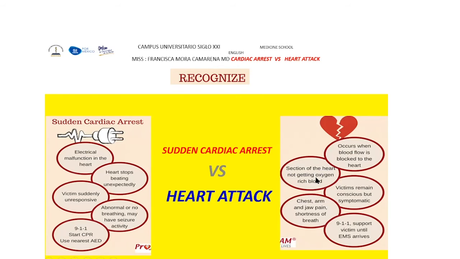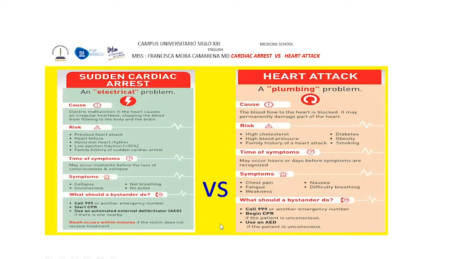The victim may remain conscious or not, but the patient will be symptomatic, like chest, arm or jaw pain, or may be having shortness of breath. In both situations, we should call 911 so we can start giving some life support.